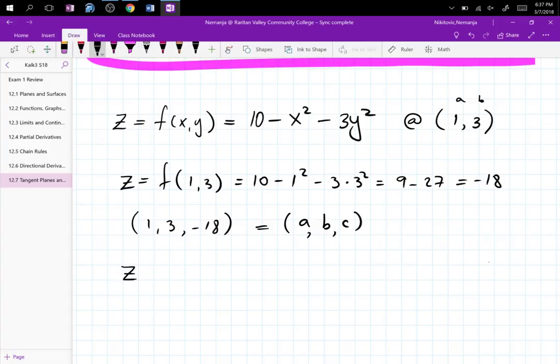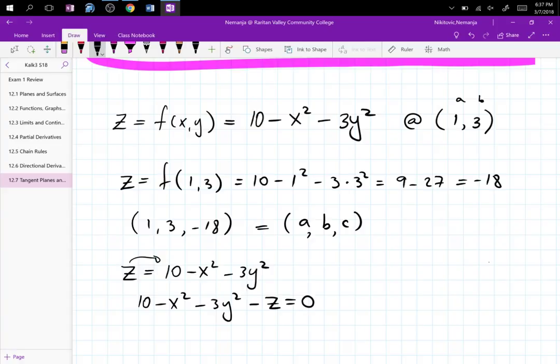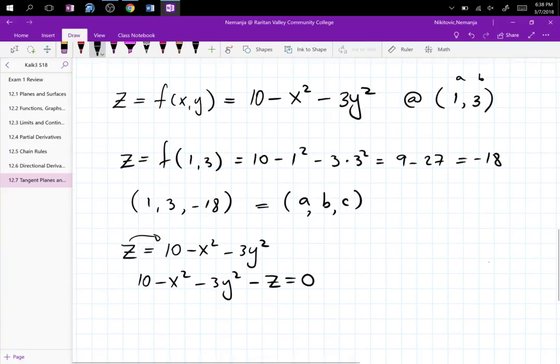My original equation is z equals 10 minus x squared minus 3y squared. I'm just going to move z to the other side. That gives me 10 minus x squared minus 3y squared minus z equal to 0. You can put 0 in front or in the back, it doesn't matter.